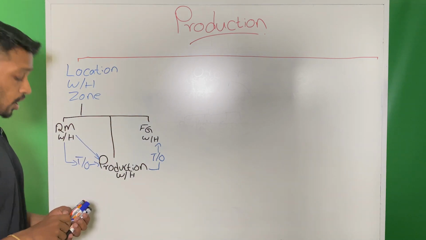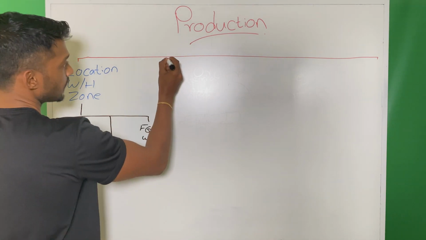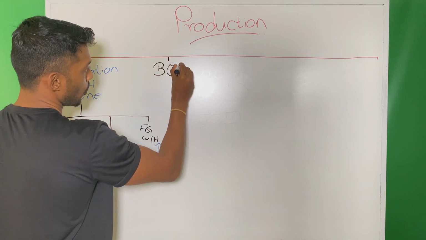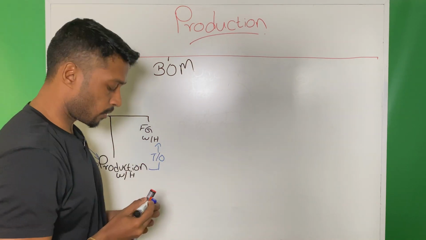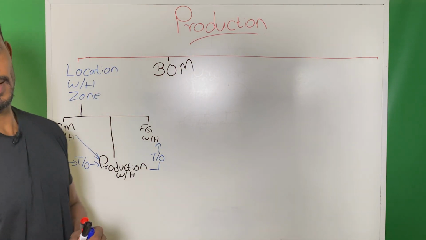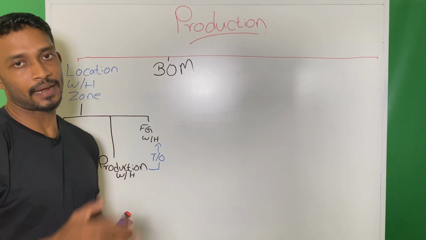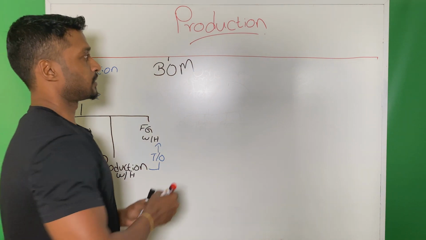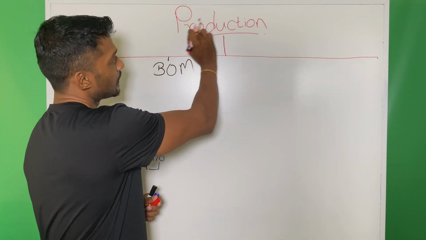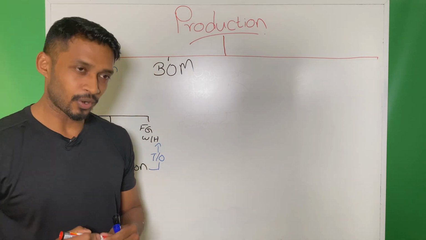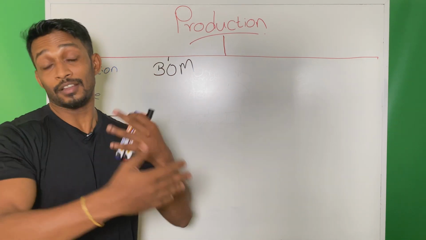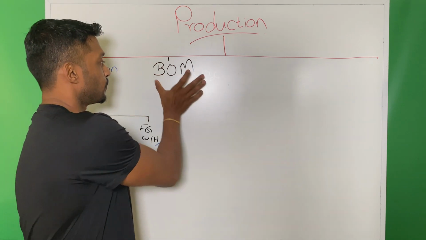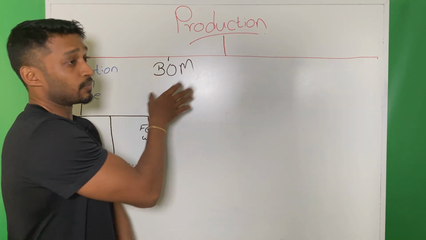Okay, I'll go to the next factor. The next factor is BOM. BOM is an abbreviation of bill of material. When I talk about production processes, if you have a basic idea about production, this word is very familiar.